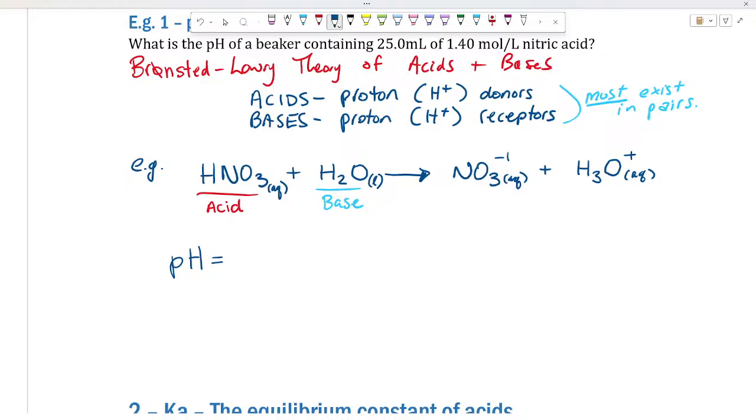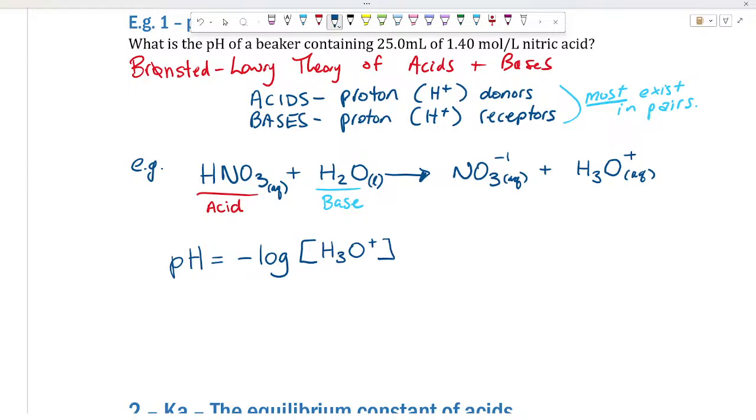Concentration of H. Yeah, it's a mathematical operation. pH is equal to the negative log of the concentration of, we used to always say, H plus. Now we're going to use a slightly different definition. We're going to define it as the negative log of the concentration of H3O plus.